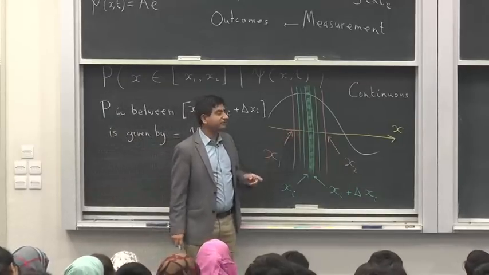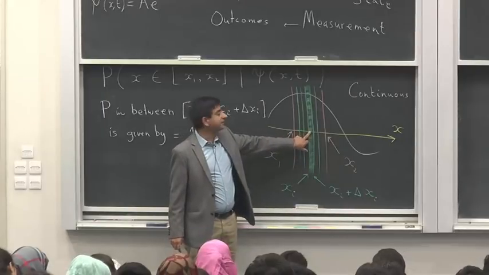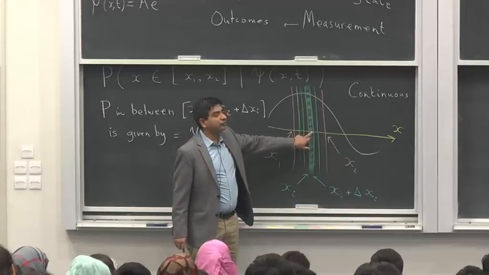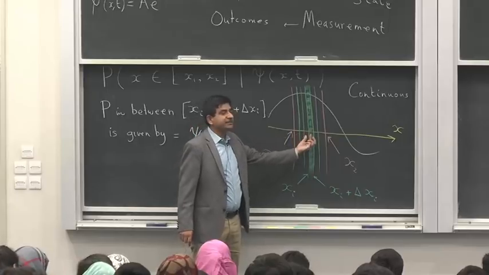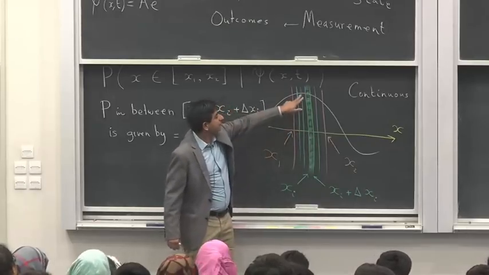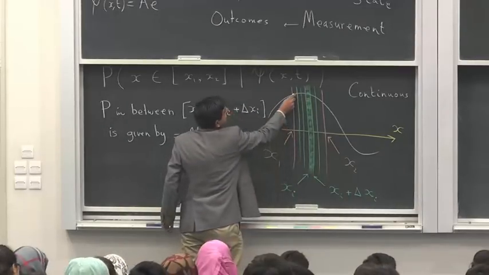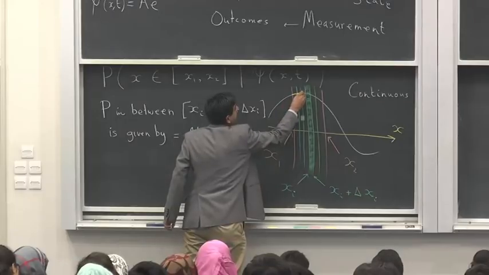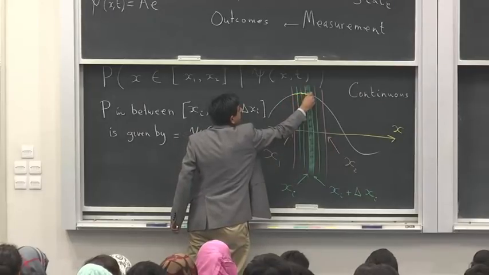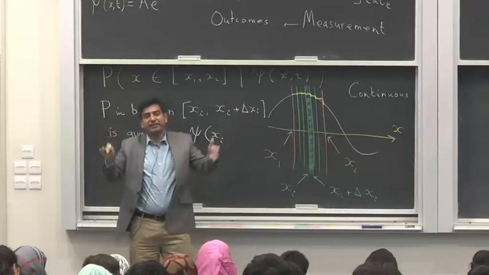Now if this interval is small enough, I can take the value of the wave function in the middle of this interval or at the boundaries of this interval. But since this interval is really small, I'm assuming that the wave function is constant within this interval. So I'm actually assuming that the wave function is like a staircase. It remains constant within each interval.